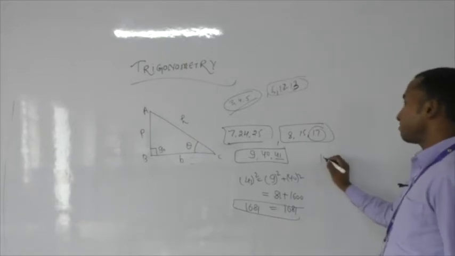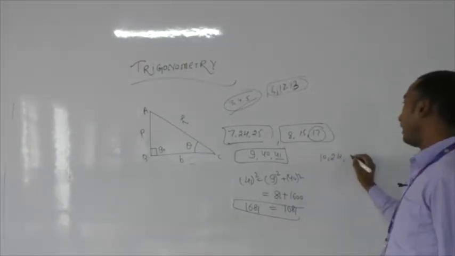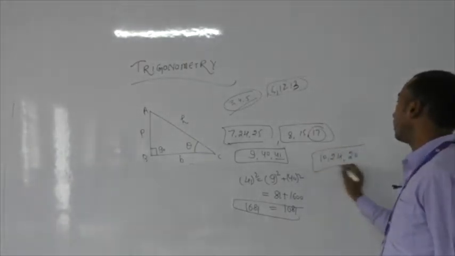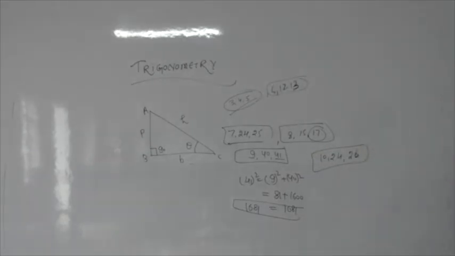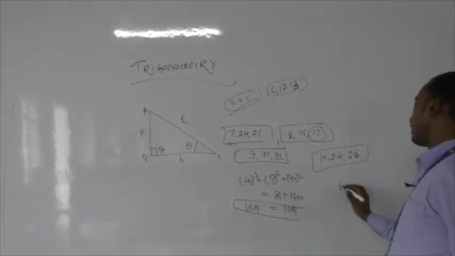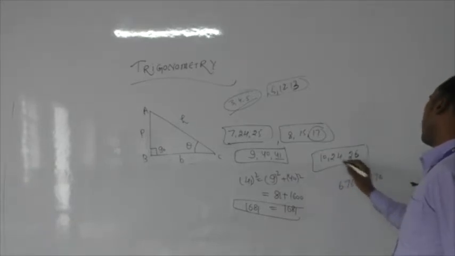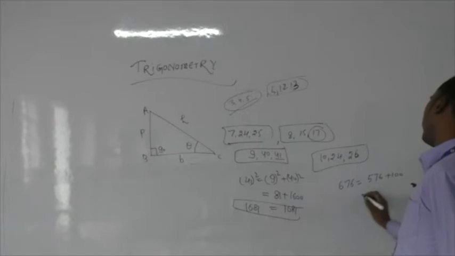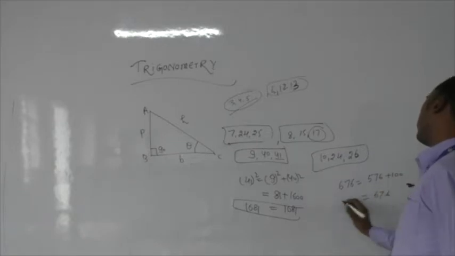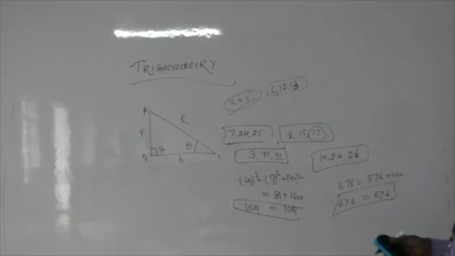Now the next one: 10, 24 and 26. 26 square is 676, 24 square is 576 and 10 square is 100. If you add, you will get 676 equal to 676. So this is also another Pythagorean triplet.